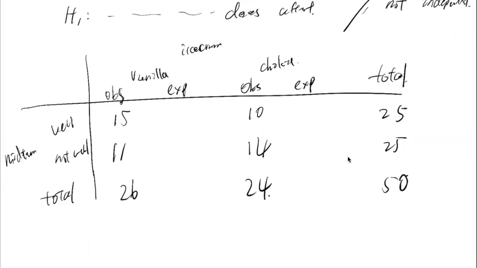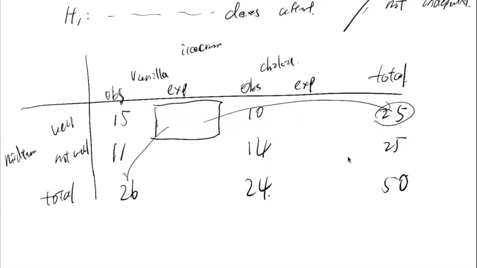And then we need to solve this problem. How do we solve it? We need to fill out the expected values. And how do we calculate the expected value? For each expected value, it can be determined by only 3 values: the total corresponding to its row, the total corresponding to its column, and the entire total value.